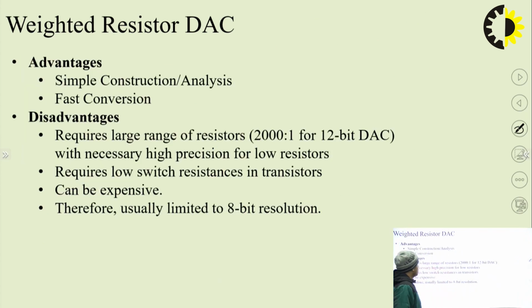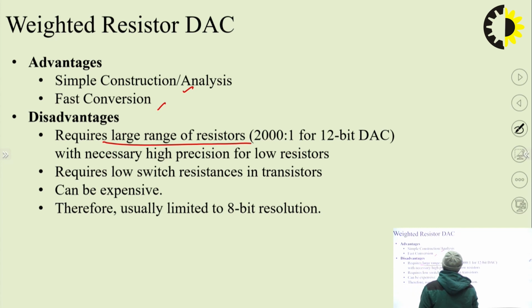So now some advantages and disadvantages. This weighted resistor DAC has simple construction, fast conversion, and some disadvantages: it requires a large range of resistances. That means for n-bit conversion I require n distinct valued resistances.